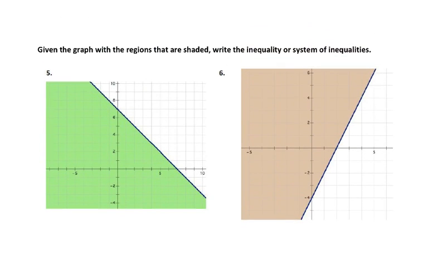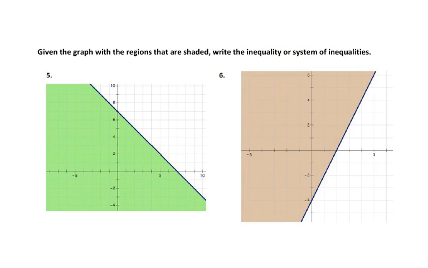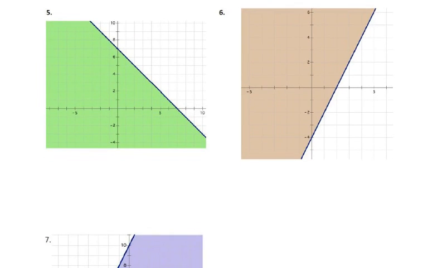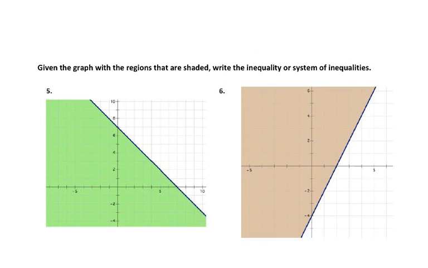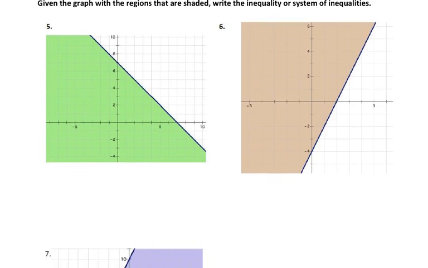Okay, so on the next page, we're going to actually start with the answer and work backwards. So given the graph of the regions that are shaded, write the inequality or system of inequalities. Okay, so we are going to have to remember our good old y equals mx plus b here, where m is our slope, or rise over run, and b is our y-intercept, or start number, on the y-axis.